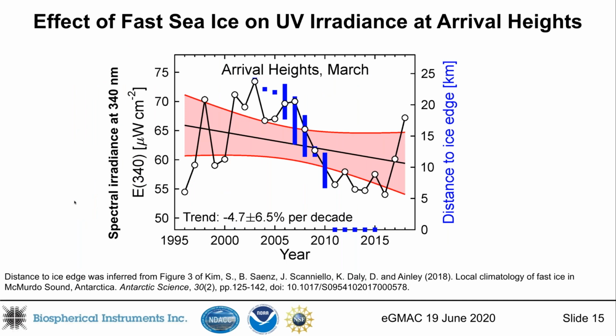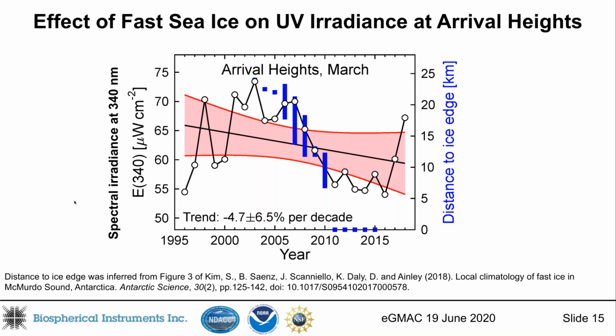Well, it turns out that it's an iceberg. What's plotted here is the spectral irradiance at 340 nanometers at Arrival Heights for March as a function of year. And as you see, there's a downward slope between about the year 2000 and 2010. Overlaid to that is the distance to the ice edge.